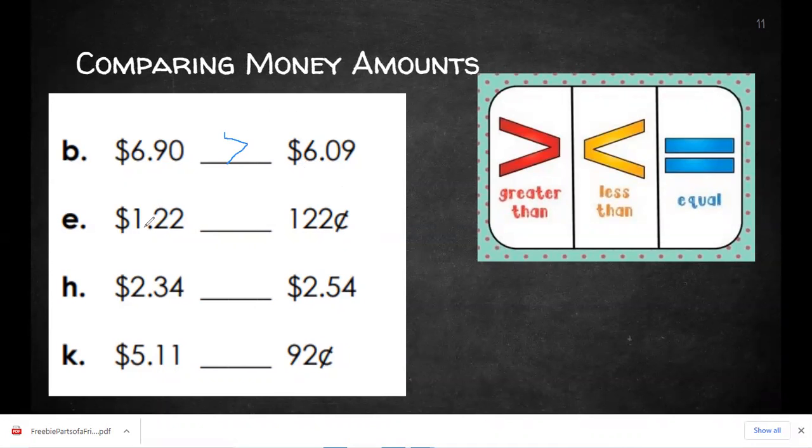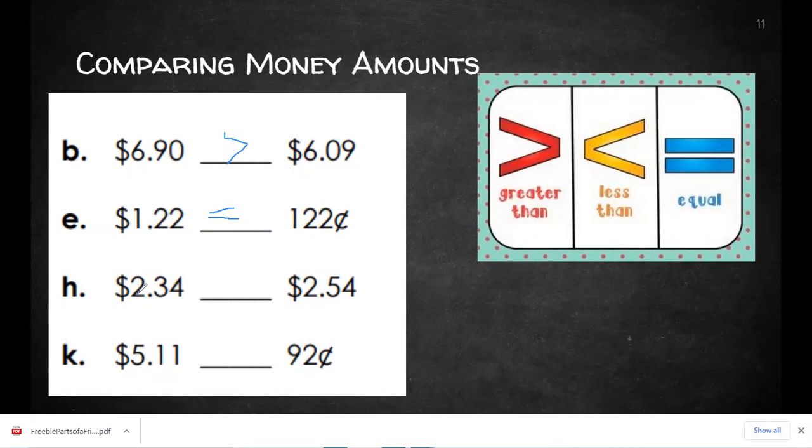Is $1.22 greater than, less than, or equal to 122 cents? Right, if we take away the decimal and the dollar sign, it becomes 122 cents, which tells us that this is equal to.